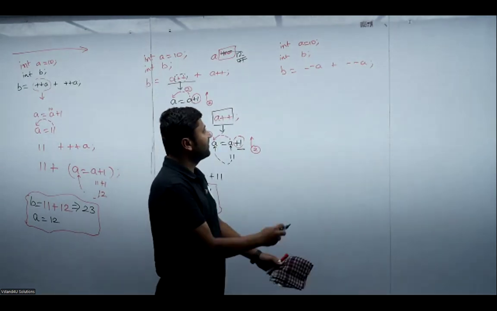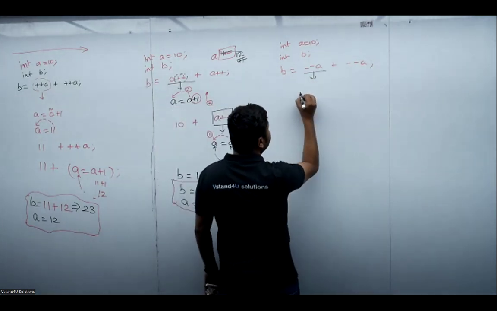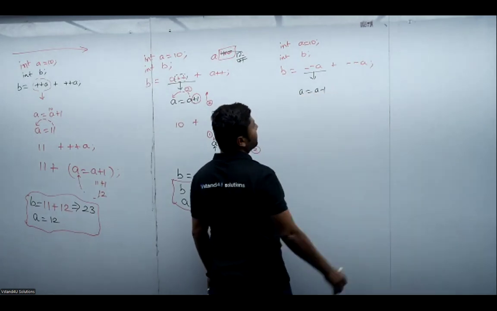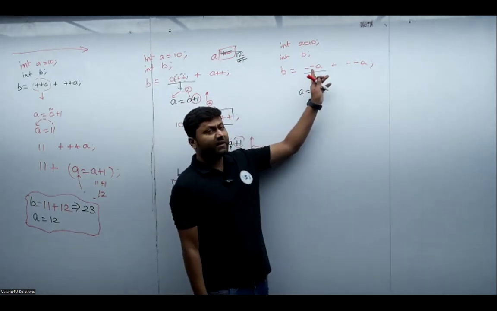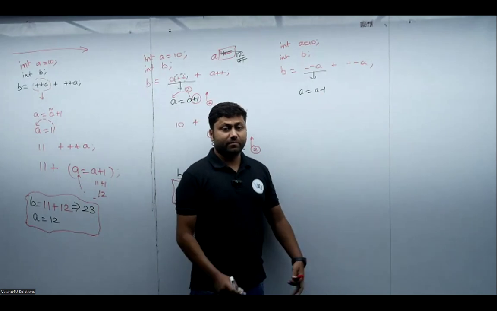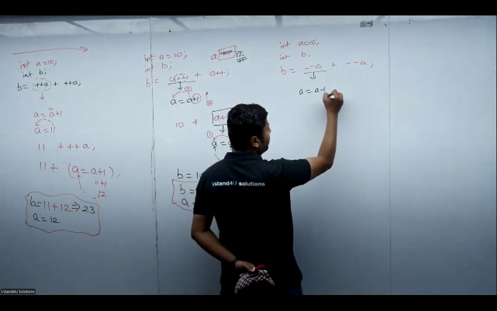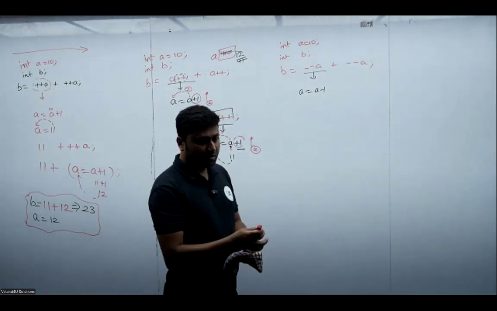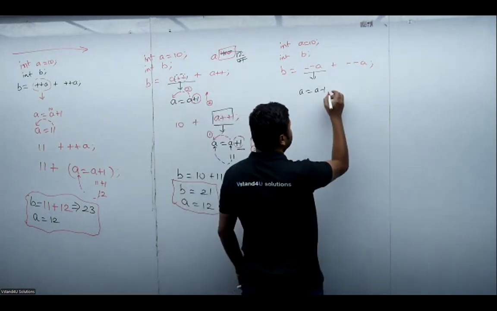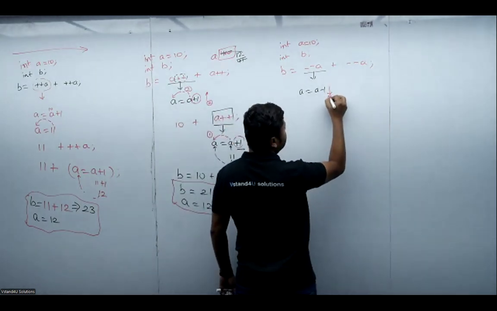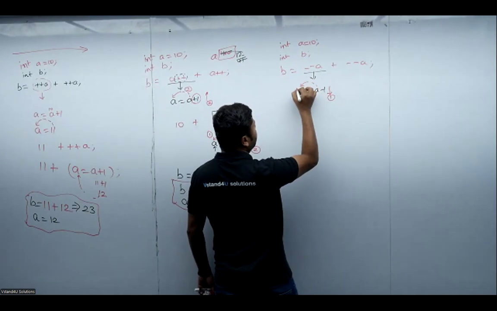Again, we'll split this part first. a equal to a minus 1. Pre-decrementation or post-decrementation? Pre. So the first operation is to decrement, and the second operation is assignment.